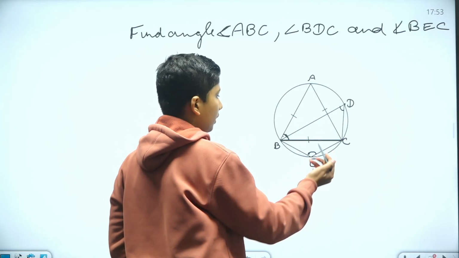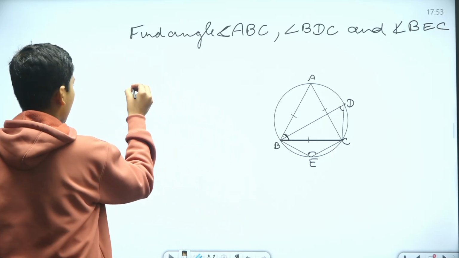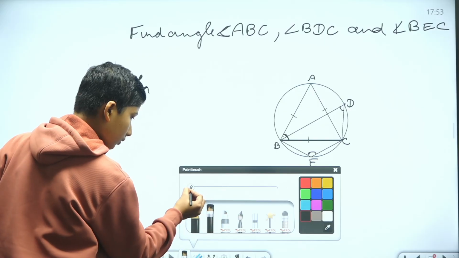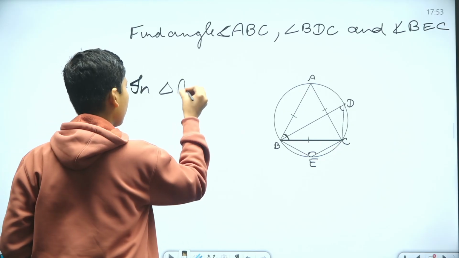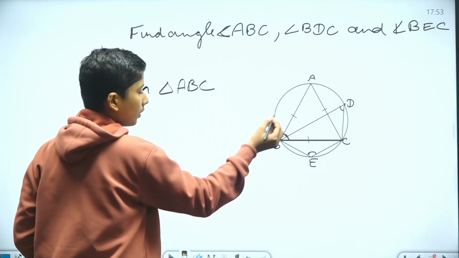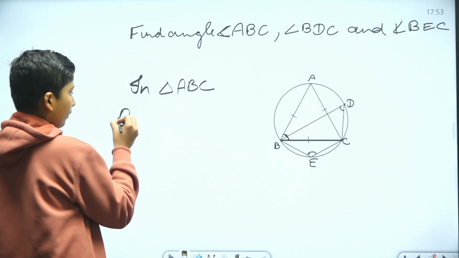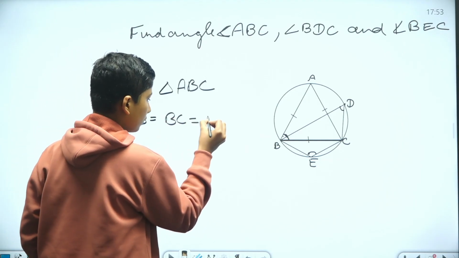Angle ABC. As you can see this triangle, firstly we will write in triangle ABC. You can see AB equal to BC equal to CA.